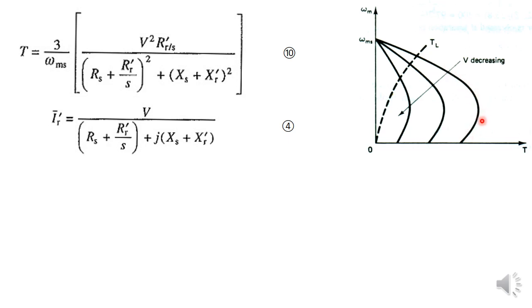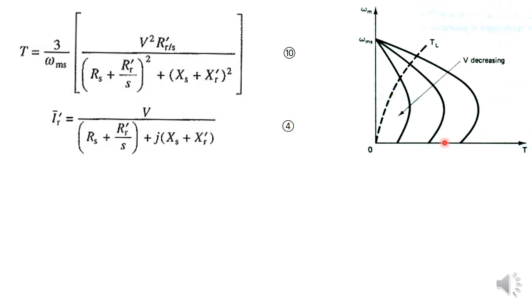So this is the maximum torque capability. You can see in the x-axis we have torque. So this is the maximum torque developed by the machine at rated voltage. Then in order to control the speed, if we are reducing the applied voltage, we will get a curve like this. Then the maximum torque will be this.